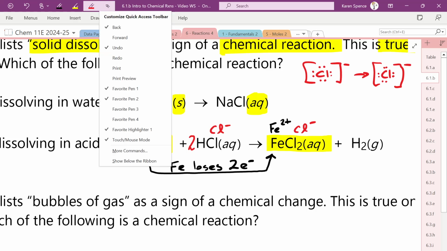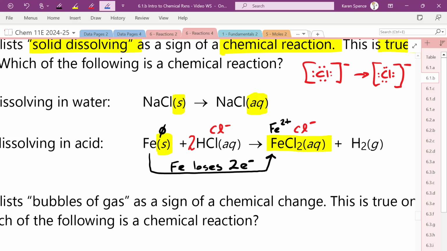Hydrogen. Hydrogen is going from H+, yes? And then it becomes, what's the charge of hydrogen in the products? What does it say? 0. It says nothing, and if it says nothing, the charge is nothing. There is no charge.